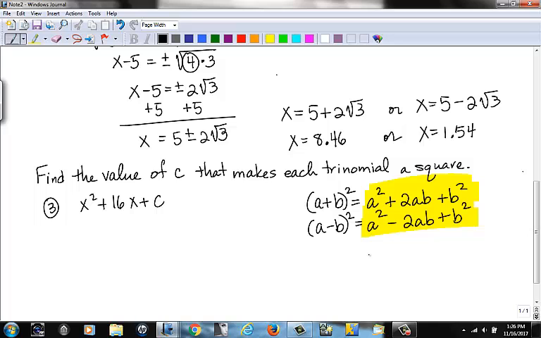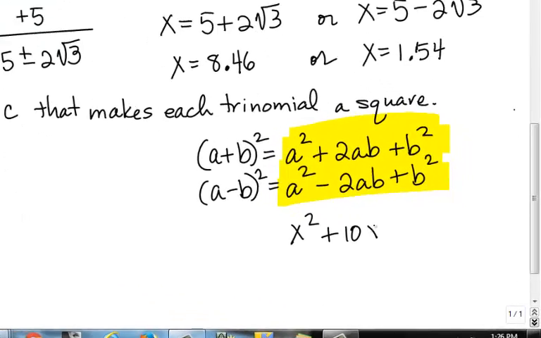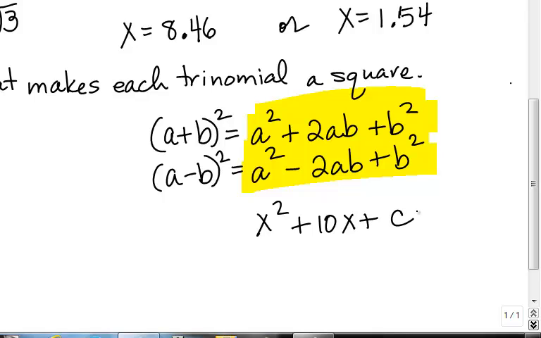Now, they will give you something like this. I'm just going to make up x squared plus 10x plus c. Okay? To go back the other way, on this middle term, if they give you what this coefficient is, take half of 10 would be 5, and then square it to get that last.